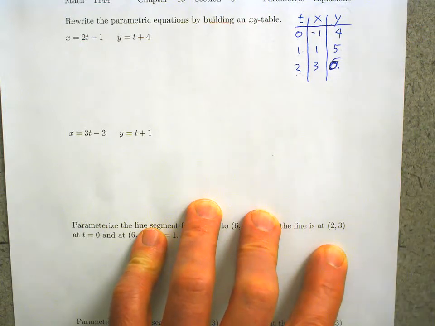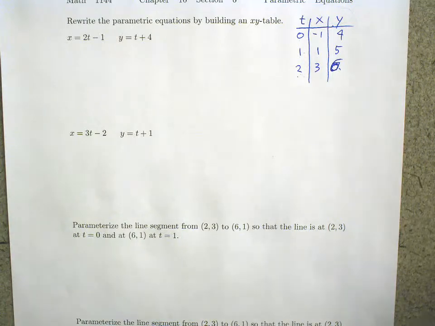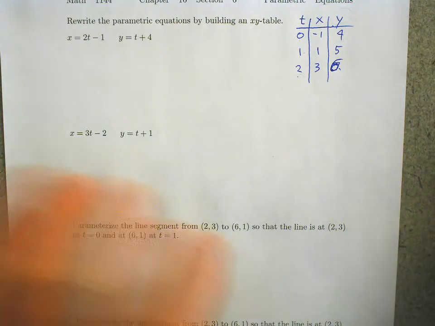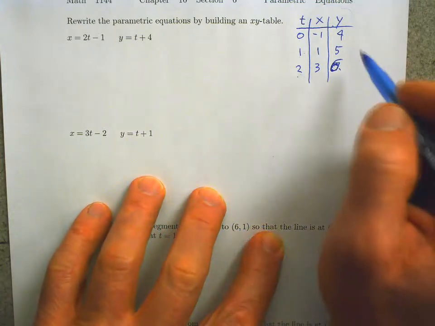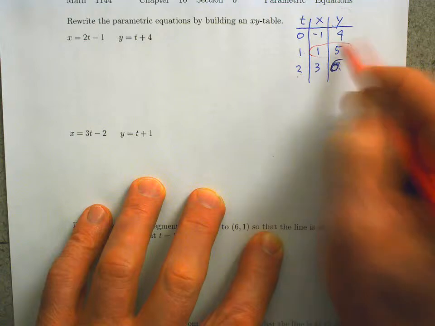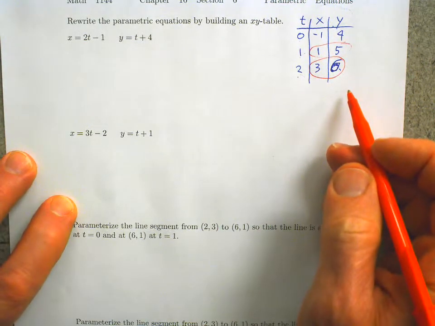So this tells us that the Cartesian equation is a linear equation. So we can pick two of the ordered pairs and find the slope of the line that passes through them.